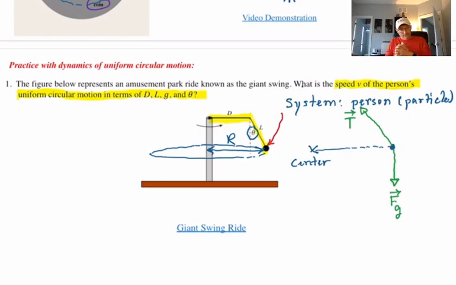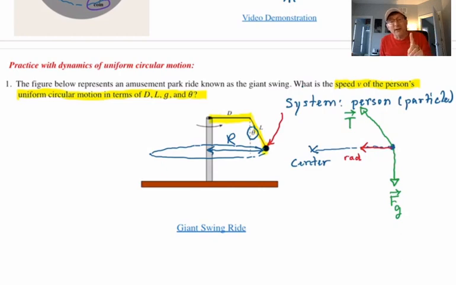F-grav and tension. Okay? Now, let's get our axes in there. Remember, for circular motion, the most important axis is called the radial axis. You can draw it kind of wherever you want. The key thing, though, is to get the direction. If the person is where we see, and the center of the circle is where we see, then the radial direction is from the person towards the center, which in our case would be to the left.